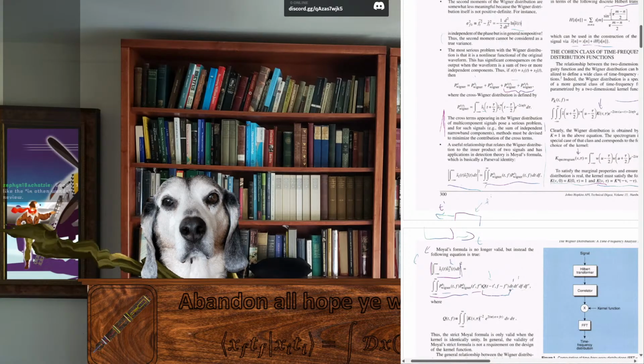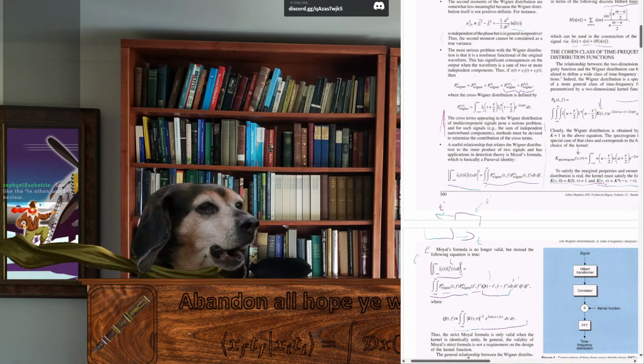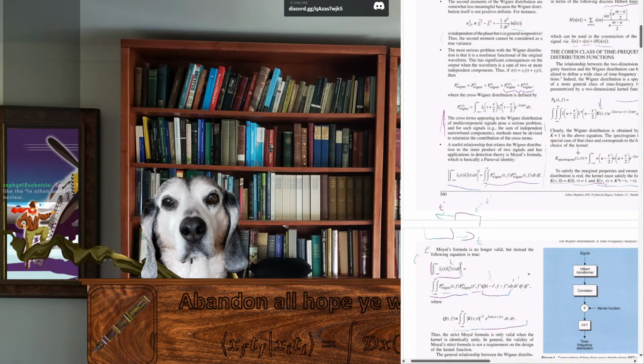So what is Q? Q is K, where we said K was our kernel function, integrated over all of nu and tau.